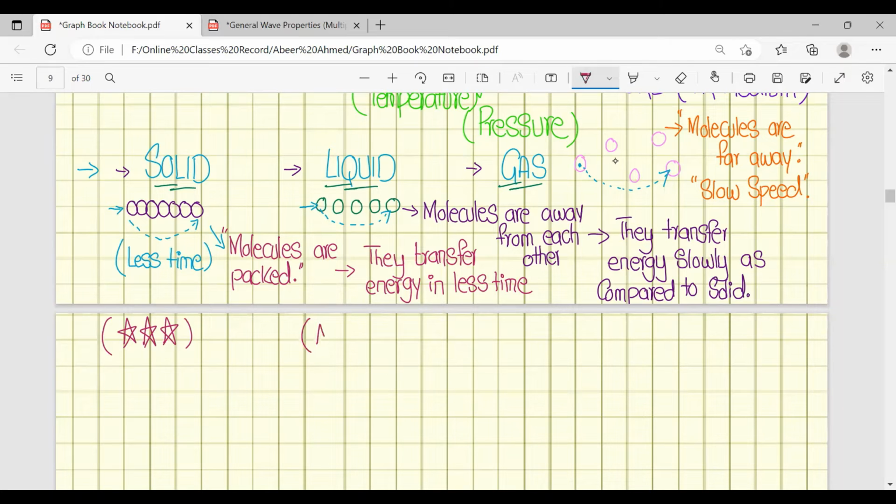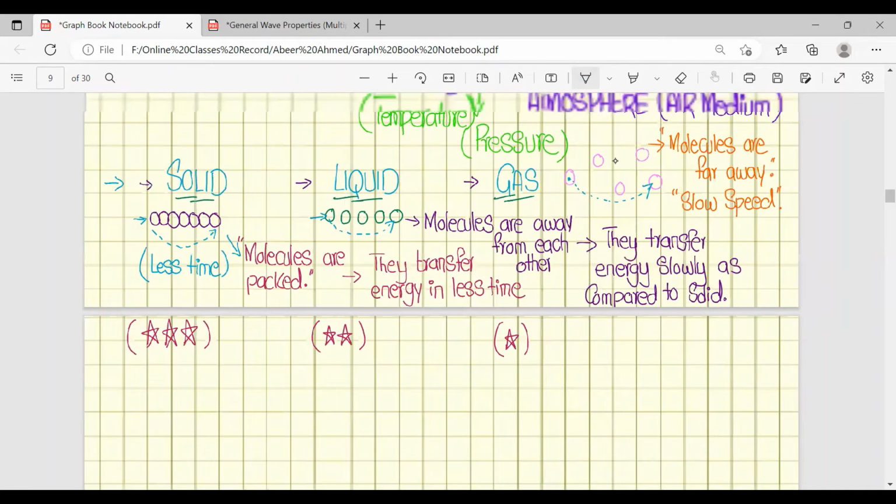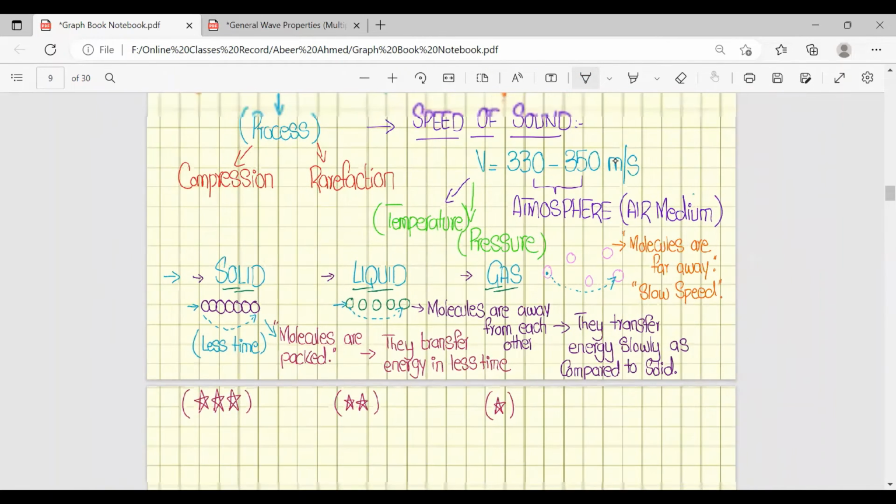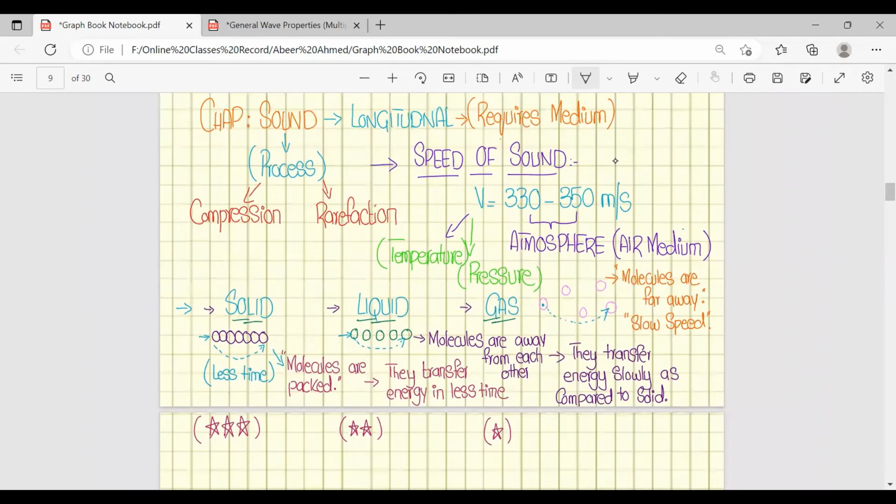And liquid will be in the middle of solid and gas, and in gases, sound will move with lowest speed as compared to solid and liquid, right? So this is the basic concept of speed of sound related with the different states of matter, right?